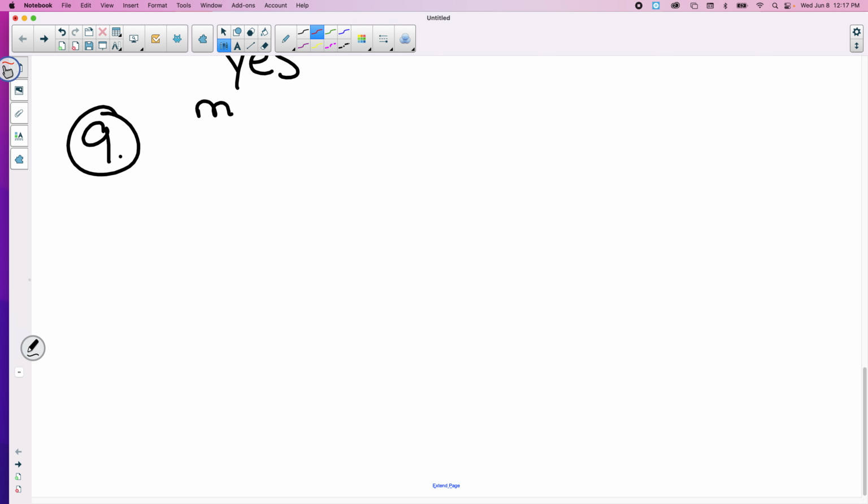Okay, it's referring to it as a mapping. So you're gonna make two categories, one for the domain and one for the range. It does not matter what order you put them in. So what is the domain for number 9? -2, 0, and 5. Good.